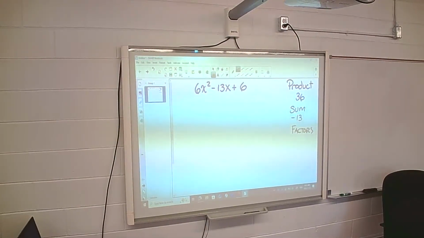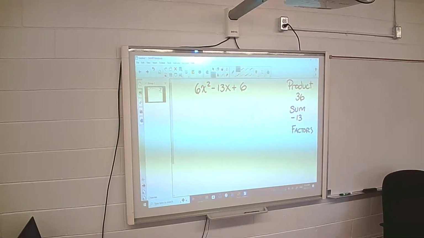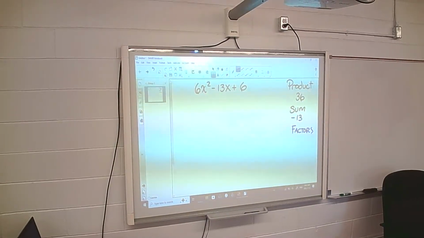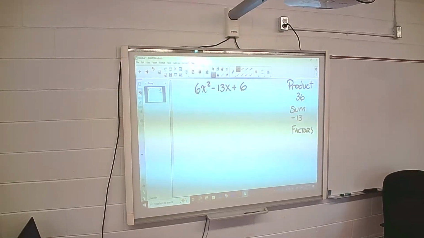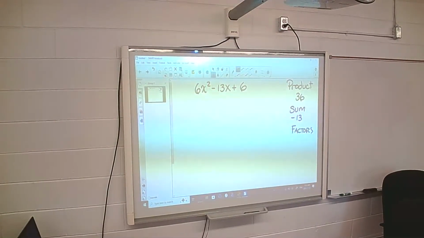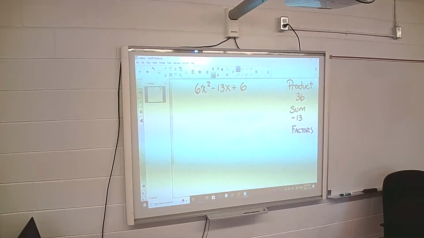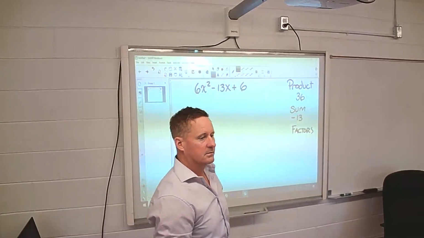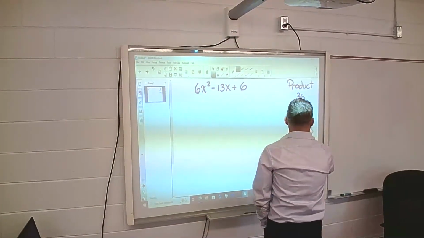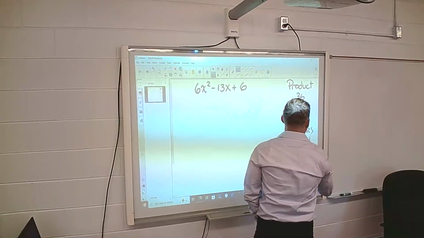Because the multiplication part was a positive and your middle number is a negative, you're looking for two negative factors, because if you have two positive factors, you can't get a negative sum. So what are the two negatives that add to give you negative 13 and multiply to give you 36? Negative 9, negative 4. Negative 9 times negative 4.